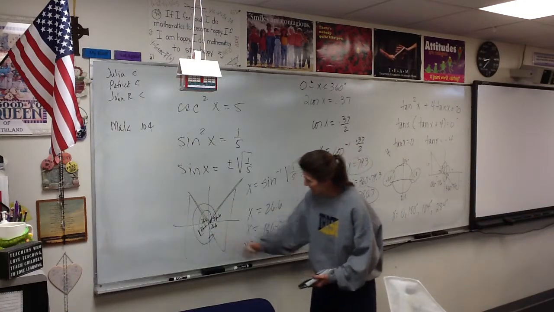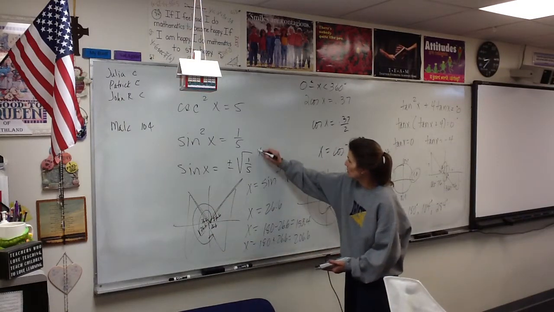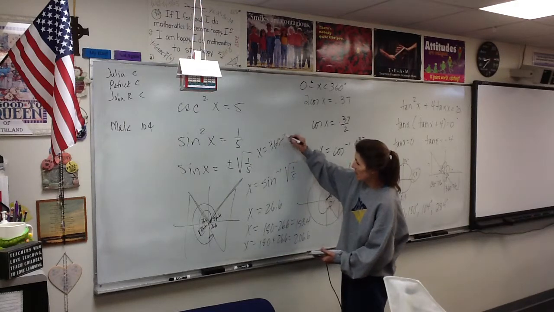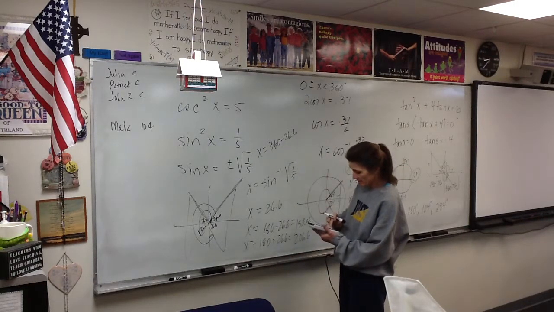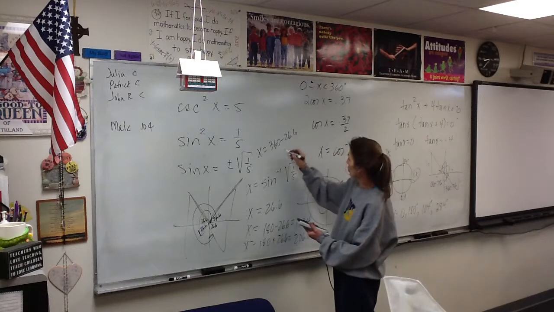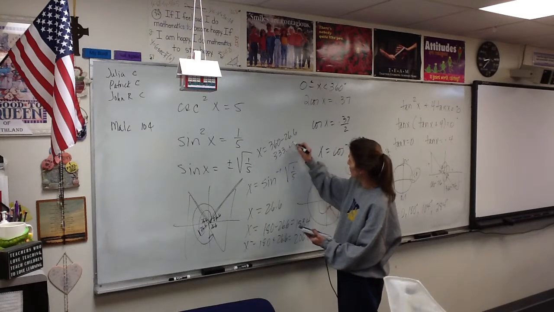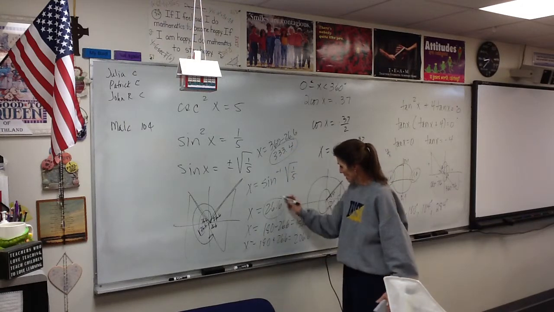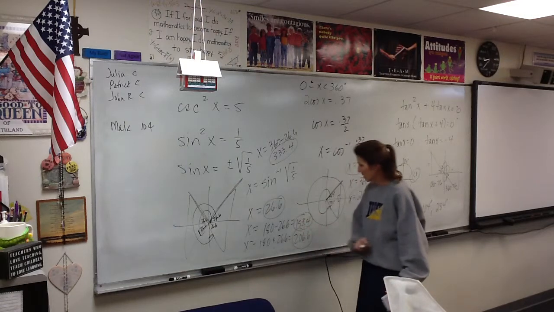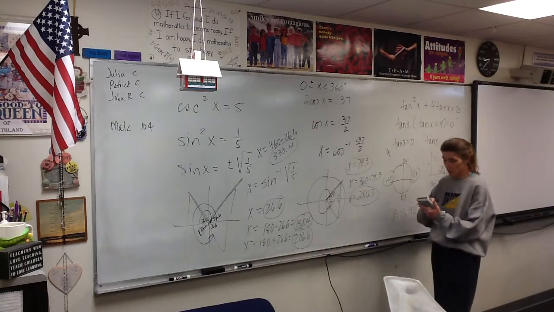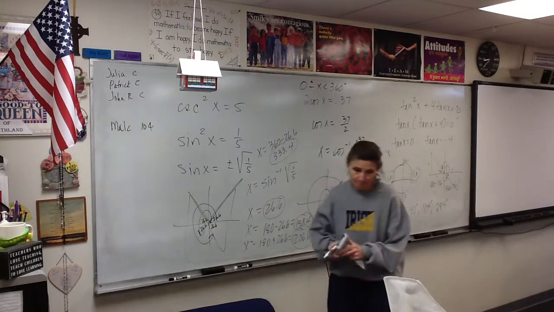And then this answer, the last one, which is 360 minus 26.6, or 333.4. So here are the 4 answers to that problem.